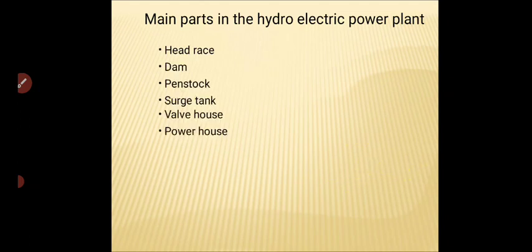The main parts in hydroelectric power plant, observe once again here. Head race, dam, penstock, surge tank, valve house, powerhouse, turbine, generator, tail race, draft tube.